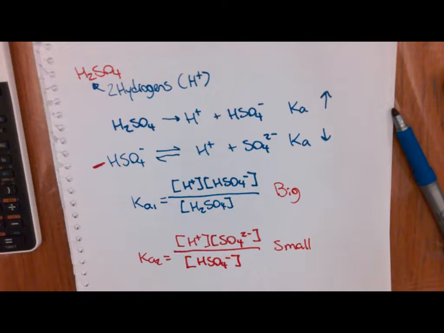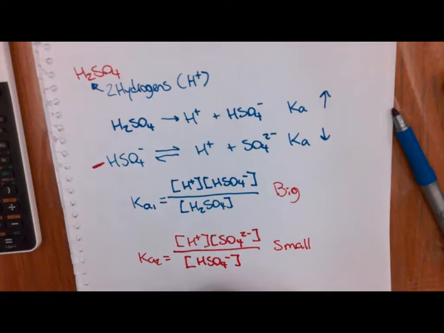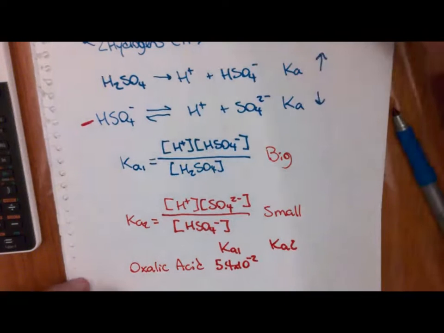All right. So I'll throw out a couple of different Ka1 values. Let's look at oxalic acid. Oxalic acid has a Ka1 of 5.4 times 10 to the negative 2.